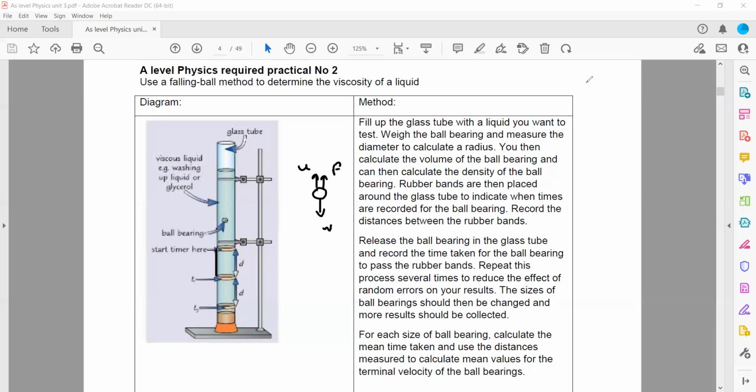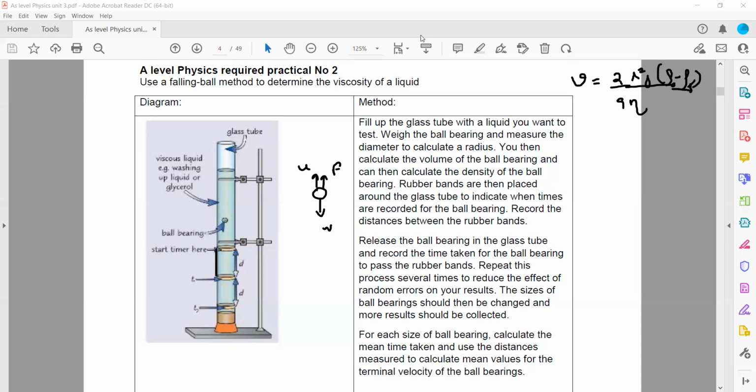So how is terminal velocity related to the viscosity? It is 2 by 9 times viscosity eta, r squared, g, and the difference of the densities, density of object minus density of the fluid. This is the formula which relates the terminal velocity and viscosity.